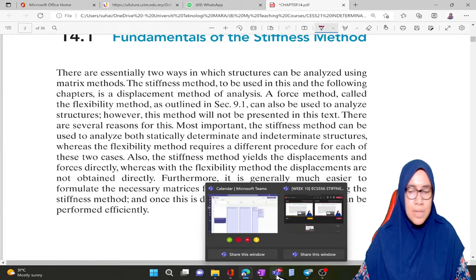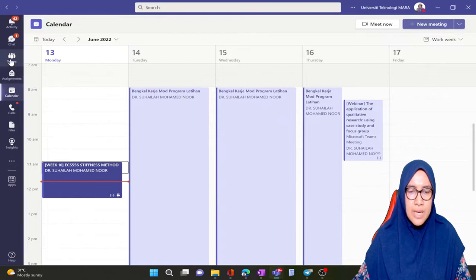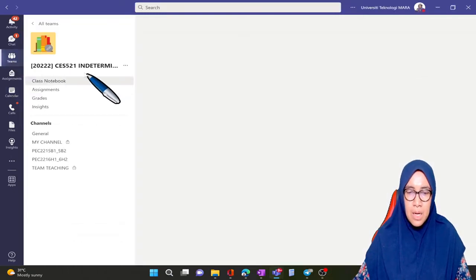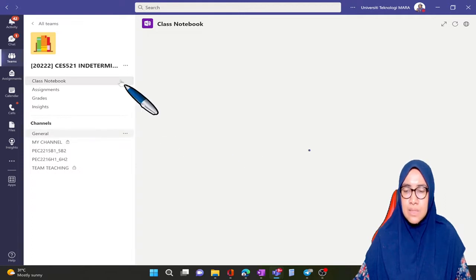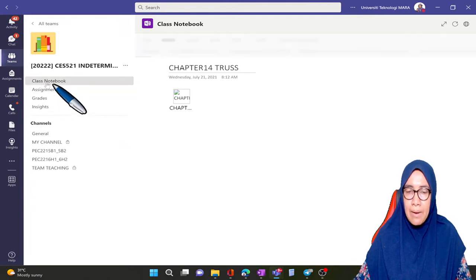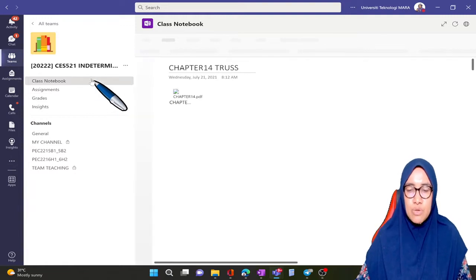In Teams, wait, I open the Teams. This is your team. Under this team, there is one part here, that is class notebook, and class notebook is OneNote.